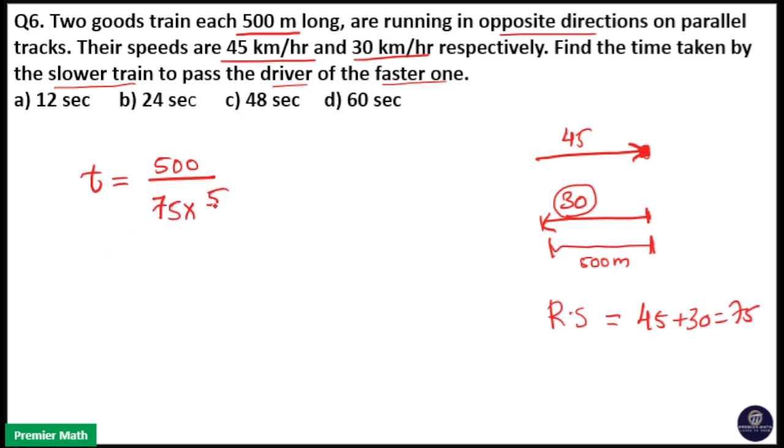I will convert it to meters per second. Here 25 into 3 is 75, 25 into 250, 0 here, 3 into 6 is 18, 5 into 4 is 20. So 6 will come in the numerator, that is 24 seconds is your answer. Option B is your answer.